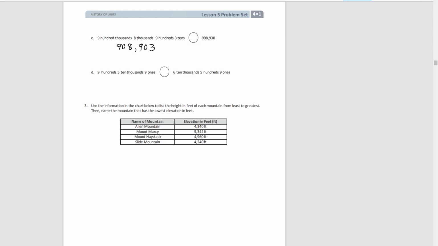Whoops, I wrote this one wrong. Apologize. It's not 3 ones, it's 3 tens. The tens are the same and the ones are the same. So these two numbers have exactly the same value, so we put the equal sign. Okay, stop the video and try D.